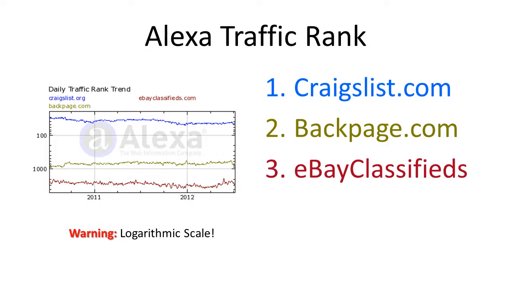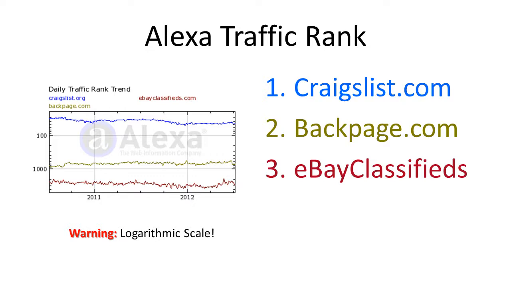For those of you looking closely, this is a logarithmic scale. So Craigslist is in the top 10% or maybe even 25% of the market, depending on which side you're looking at. On the left-hand side, they're almost top 10%. On the right-hand side, they're looking like they're in the top 25% of the most popular traffic-based websites in the world. So you can see that it's extremely popular.